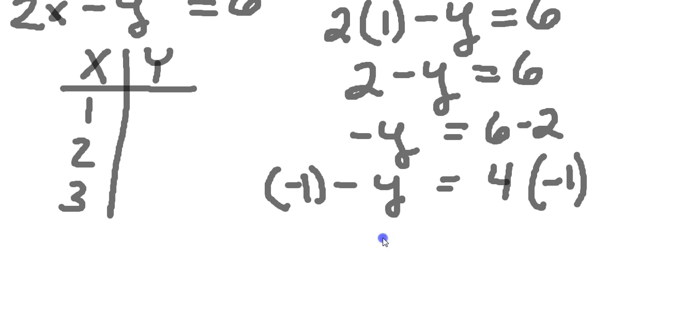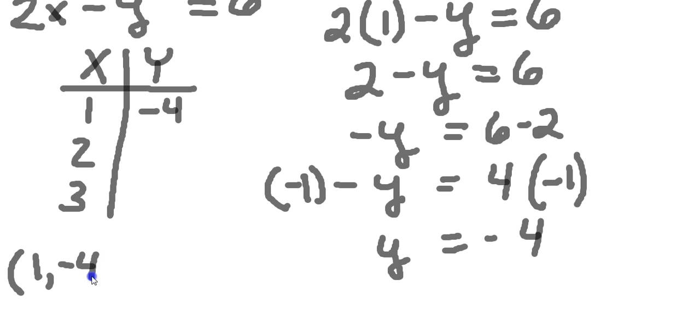Then we end up with y equals negative 4. What do we do with that? In our table, the first number under our x value is 1, so right across under y, we put negative 4. In terms of an ordered pair, that would be 1 comma negative 4. Now we have an ordered pair that we can plot on a graph.